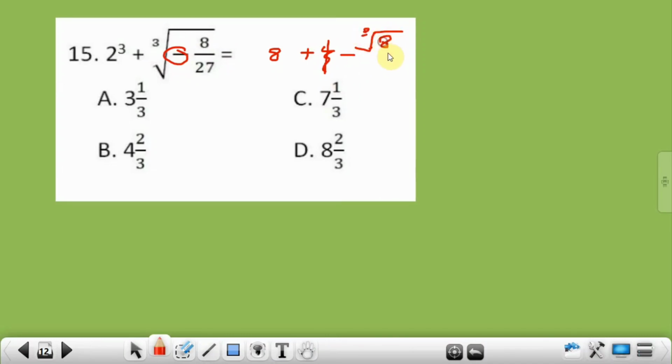So we will do it like this: 8, plus minus is minus.